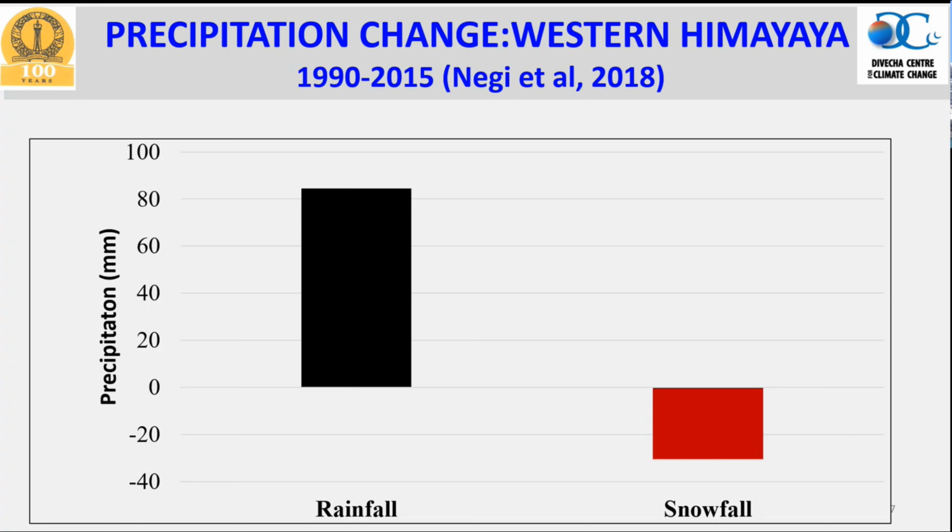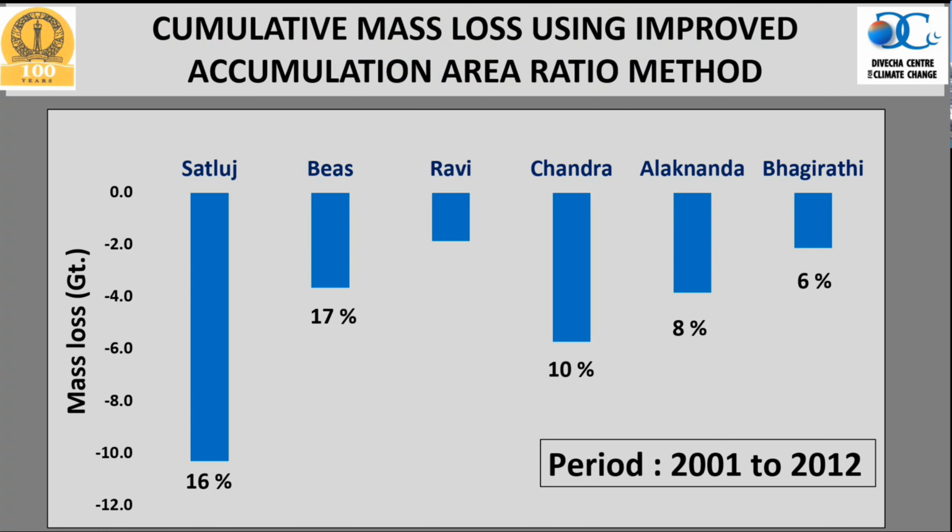As a result of that, most of the glaciers are losing mass quite significantly. You can see for the last decade, almost 16% mass loss we can observe in Satluj, 17% in Beas, 10% in Chandra, 8% in Alaknanda, and almost 6% in Bhagirathi.